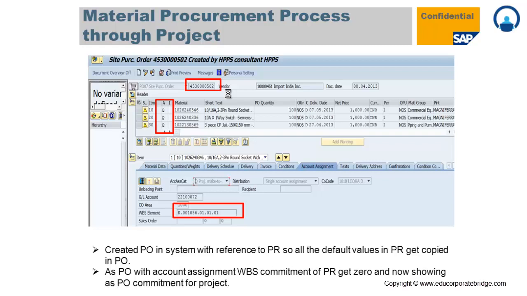All the default values from PR get copied into PO, whatever delivery dates they require, account assignment as WBS, as the account assignment Q is there. Here the purchase officer will not be allowed to change that particular WBS element. So this is a restriction controlled by the standard SAP system.